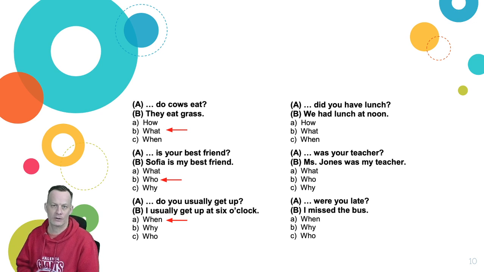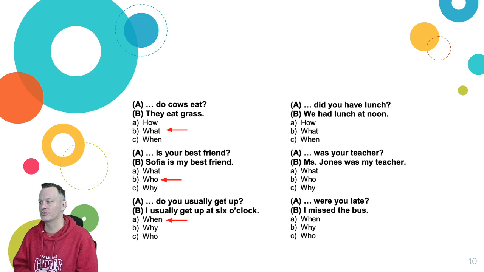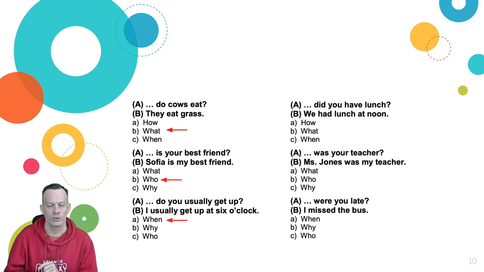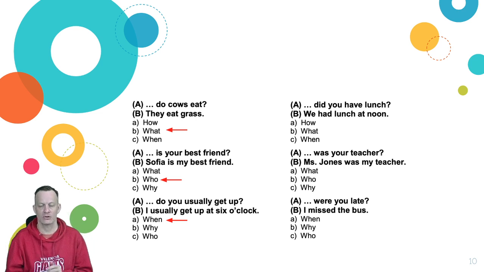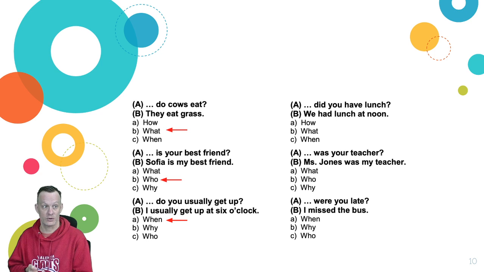Now, our last 3 are in the past. When did you have lunch? We had lunch at noon. At noon, a mediodía. So, is this how did you have lunch? What did you have lunch?